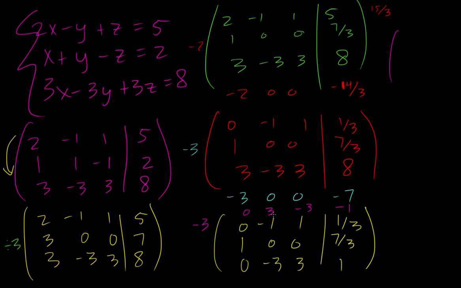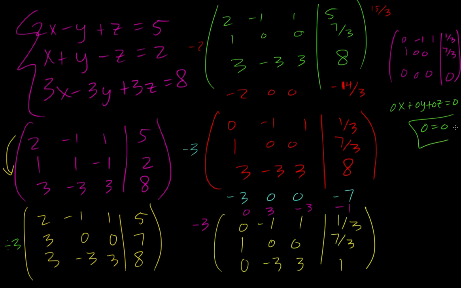And so top row does not change. Second row doesn't change. And then this one, we add those together, get 0, add those together, get 0, add those together, get 0, and then add those together and get 0. Since we have 0x plus 0y plus 0z equals 0, or 0 equals 0, which is true, we have infinitely many solutions. So really we can plug in anything.